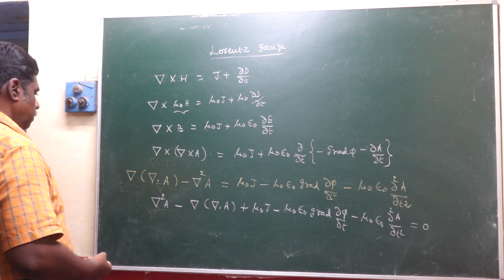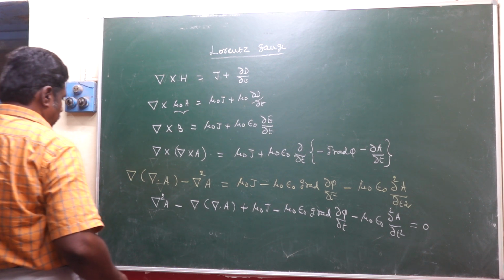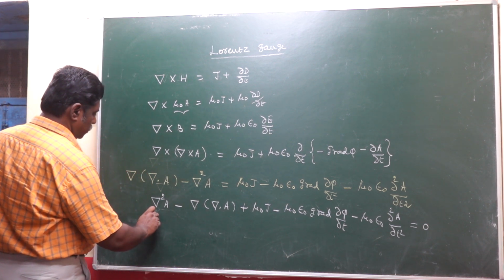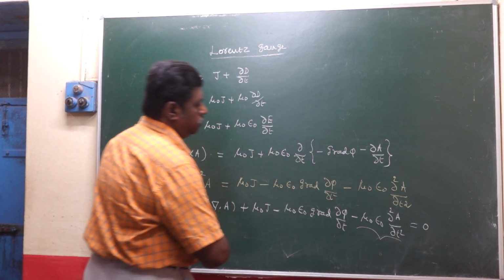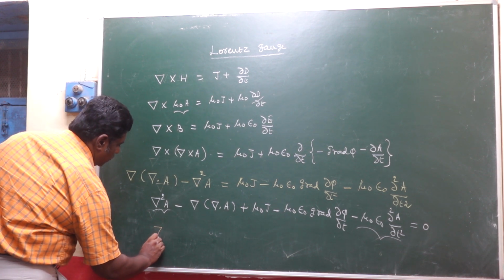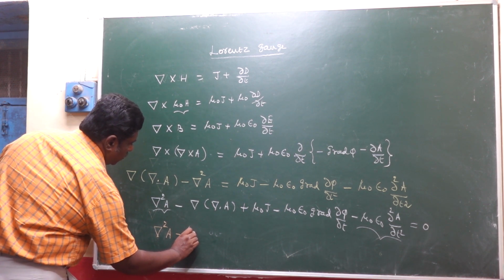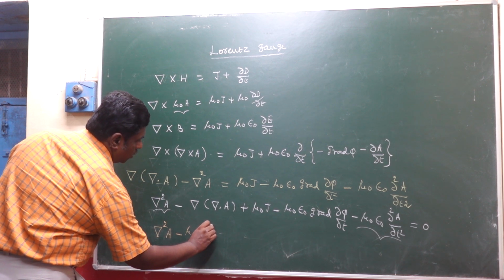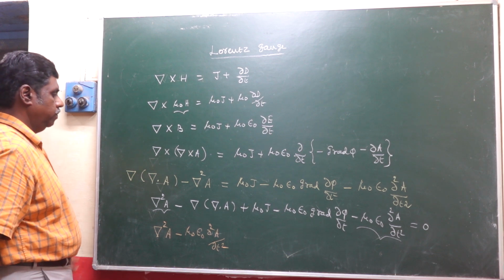Now we have to simplify this further. Align these two terms, del square A minus mu naught epsilon naught dou square A by dou t square.